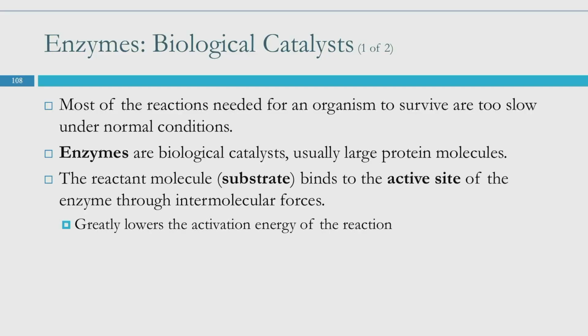And so enzymes are a great way around this because they can speed up our reactions without heating us up, without getting too warm. So our reactant molecule, our substrate, binds to the active site of an enzyme thanks to intermolecular forces.